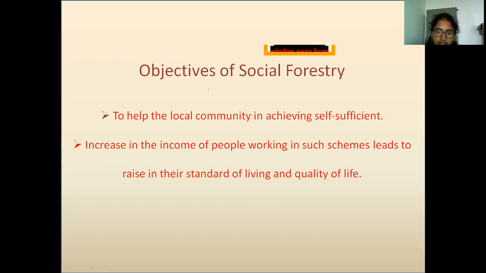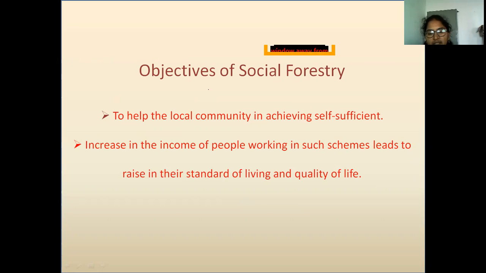Once again we will repeat the different objectives of social forestry. First, what is social forestry? Social forestry involves the planting of trees in all areas where there is bare land, in and around the common lands, village areas, panchayati lands, and beside the roads.